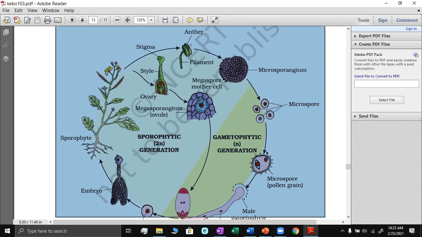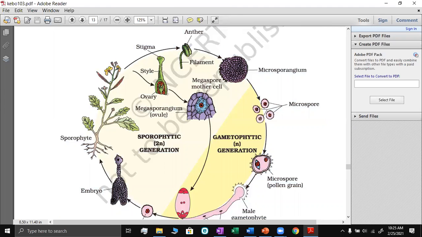And the pollen grain, by one or two divisions, forms the male gametophyte. On this side, within the ovary, there is the ovule or the megasporangium. Within the ovule there is the embryo sac.